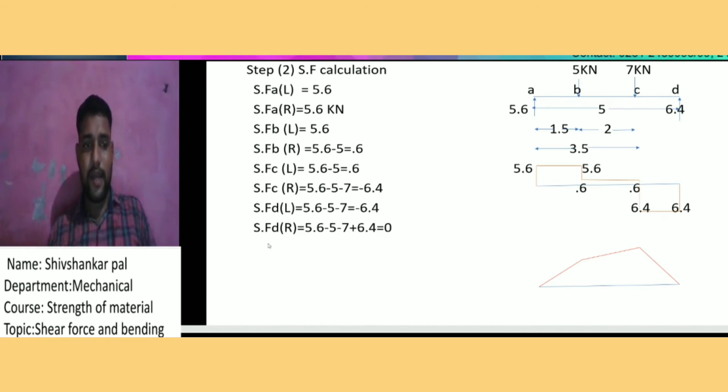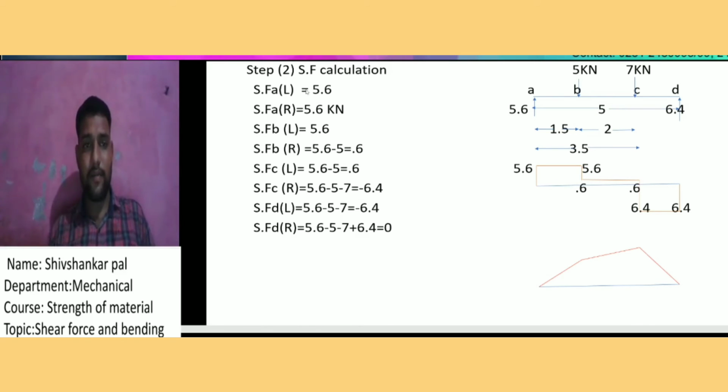So the shear force at point D on the right-hand side is 5.6 minus 5 minus 7 plus 6.4, and the resultant is 0. That means the shear force just right of point D is equal to 0.